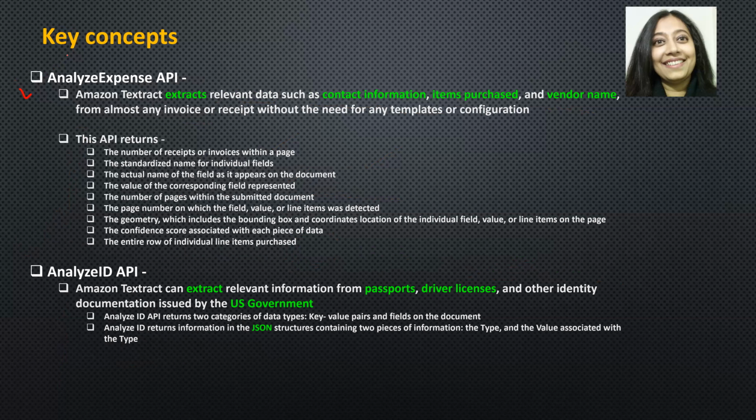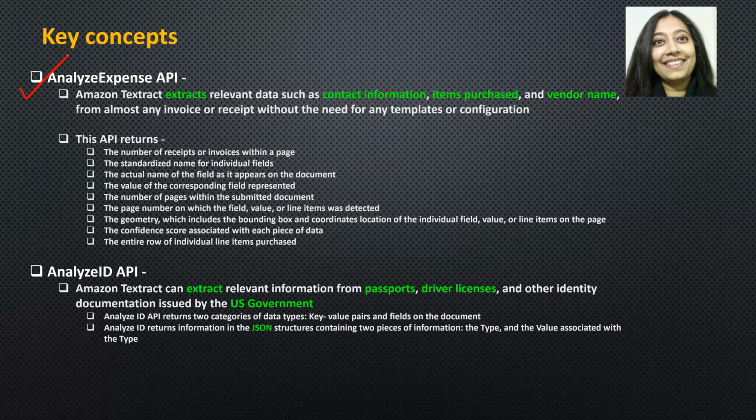Analyze expense. Now, along with documents and forms, let's say you are running a shop, or you have your own personal expenses to do, or you manage some orders session in an organization, invoicing or something like that.